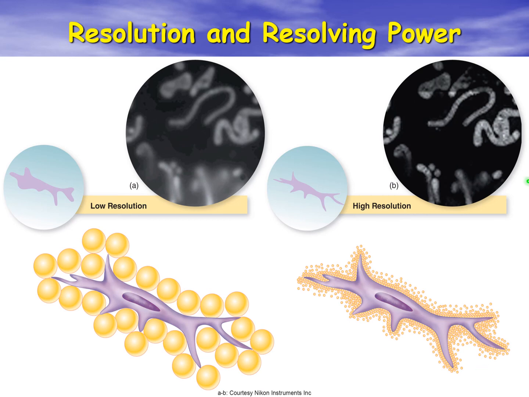So with low resolution, you get this kind of fuzzy image because we're having to distinguish between larger blocks. Whereas if you get a smaller block, then we get a much higher resolution and better imaging.